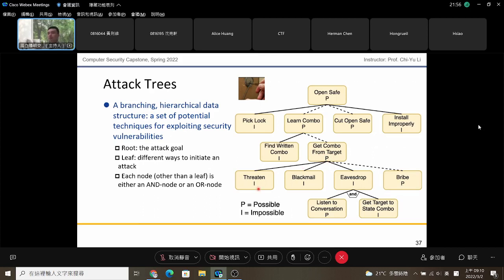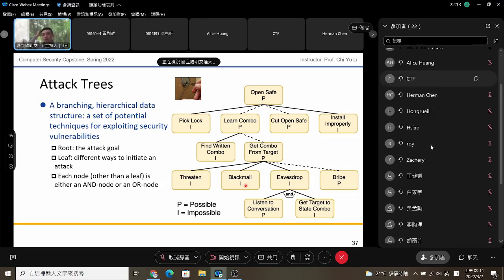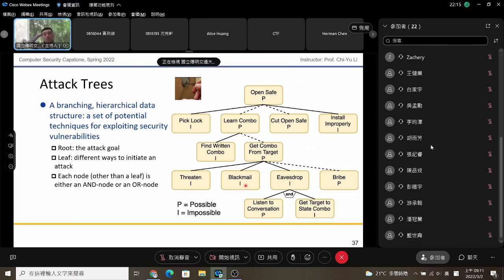The first one, we may try to threaten the owner, but this is impossible. We may try to use blackmail. Blackmail means we hold something valuable to the owner, then threaten the owner to speak out something or do something. So this is called blackmail. Based on the understanding of the owner, this is impossible.